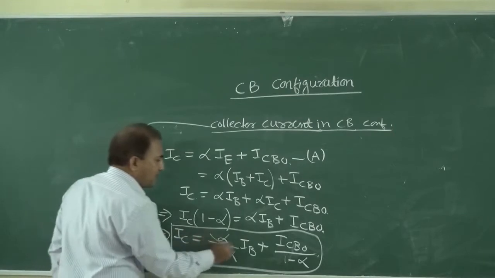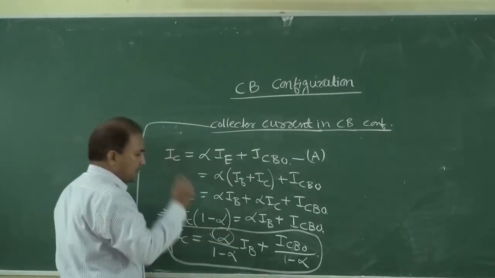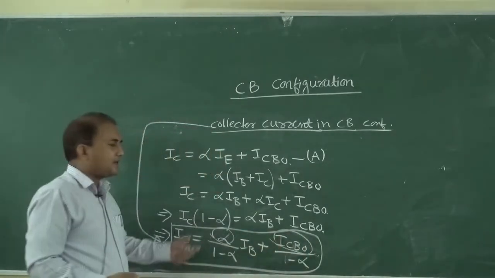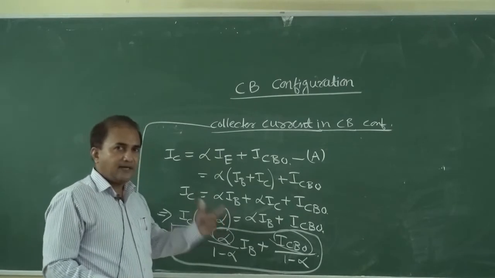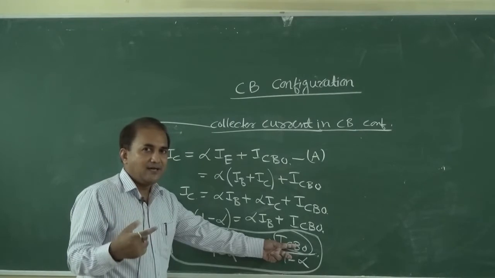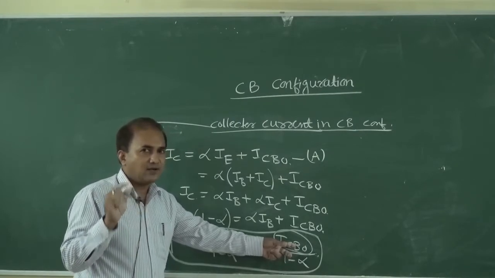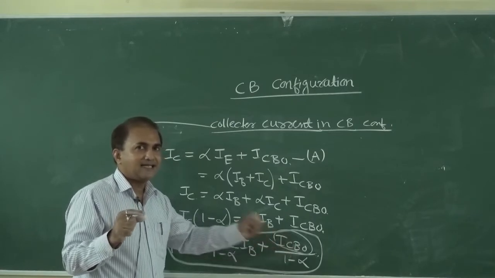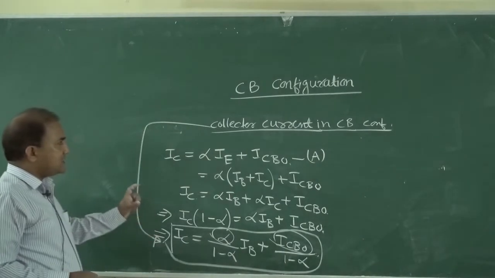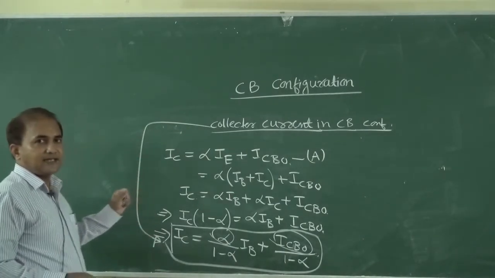Here alpha is the amplification factor in common base configuration, and ICBO is the reverse leakage current between collector and base when the emitter terminal is open. If the emitter terminal is open, then the emitter current is also equal to 0, and in that case it is very small.